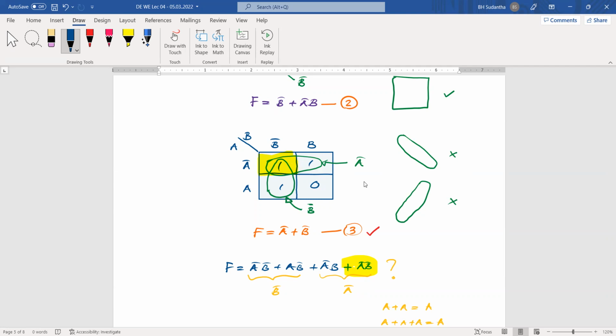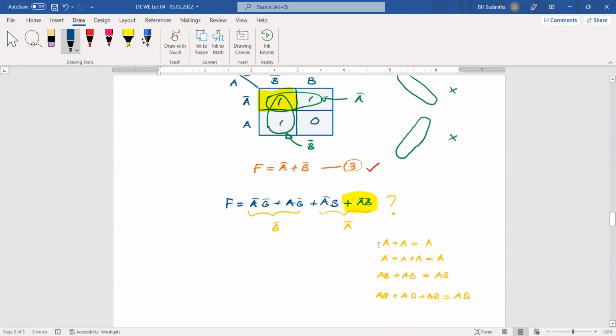Then we want to check whether it is possible or not. When you go to the logic identities, this particular identity says A plus A equals A. The meaning is if you have one term many times, it doesn't matter. For the final result, there is no effect if you duplicate it again and again.